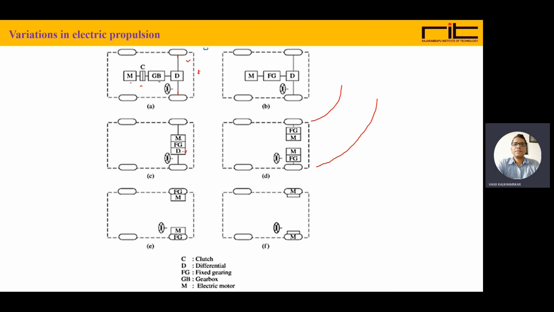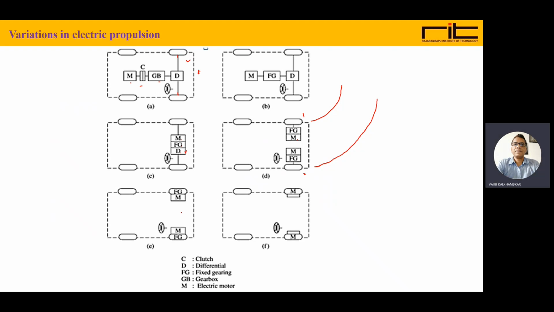But if you remove the differential, then we have to make an arrangement such that the wheel speeds can be controlled independently. So there are now two motors, one motor in each wheel. So two motors are there, a relatively simpler mechanism, and the differential is removed.